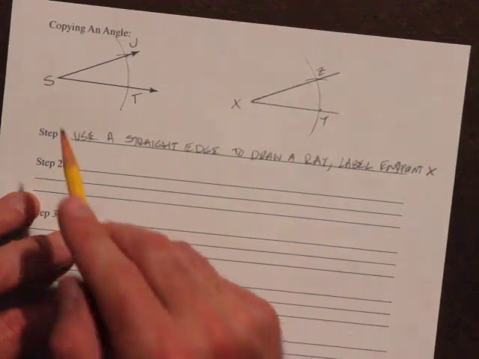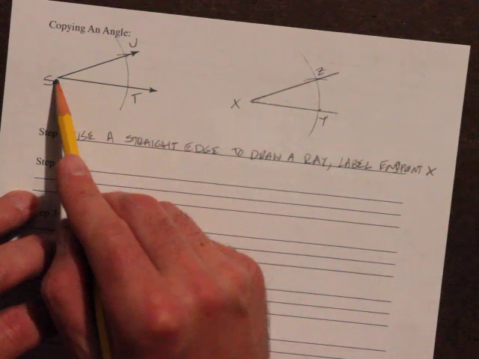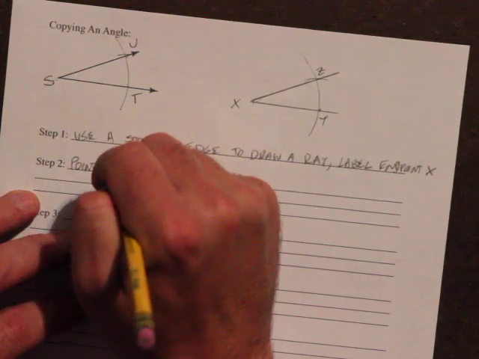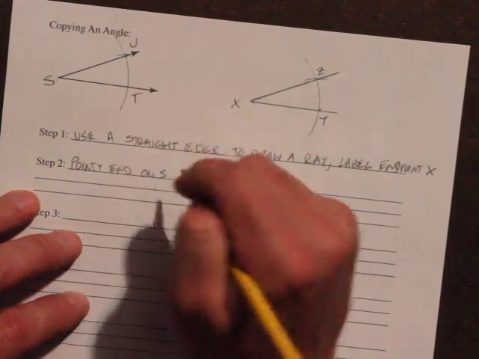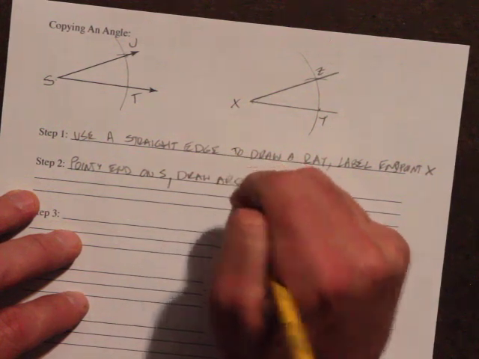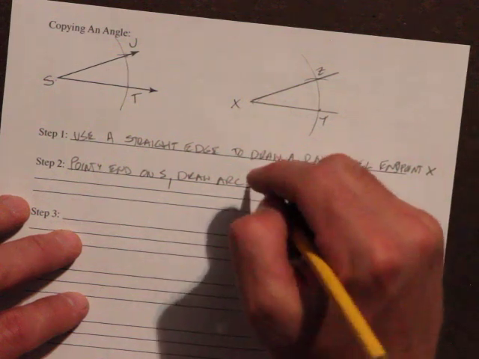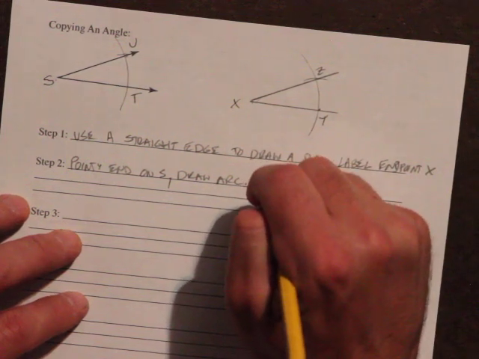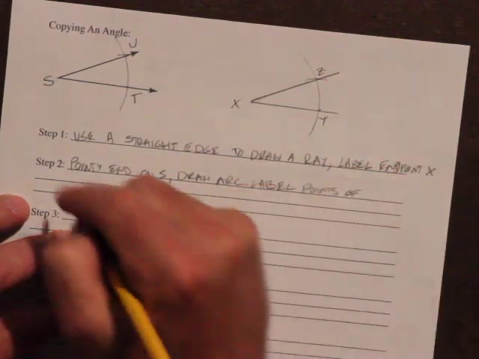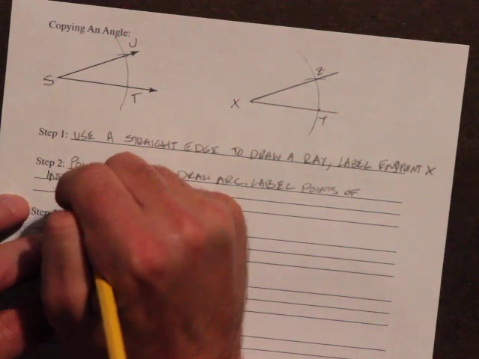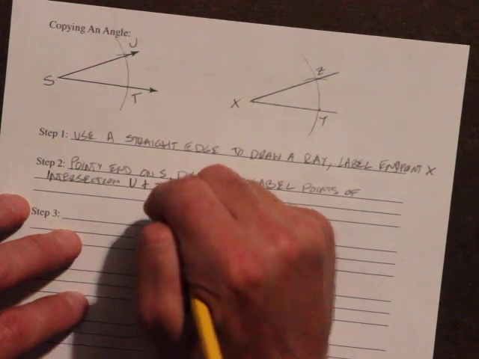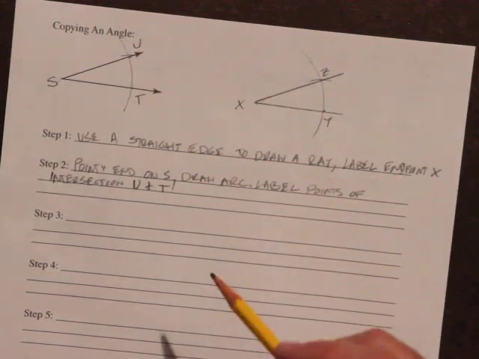Then step two, we put the pointy end on S, and then we drew an arc. After we drew that arc, we labeled points of intersection U and T. So that's what we did there.